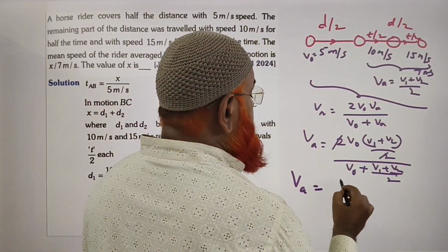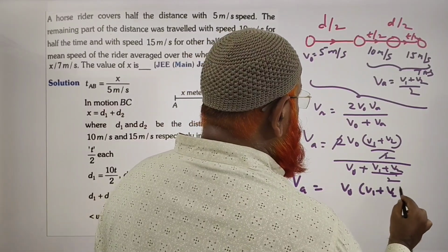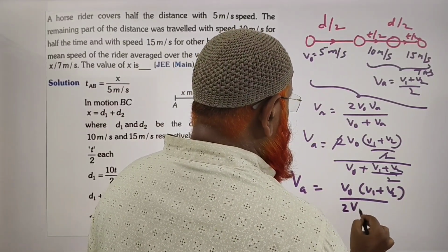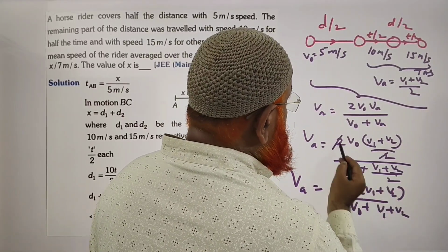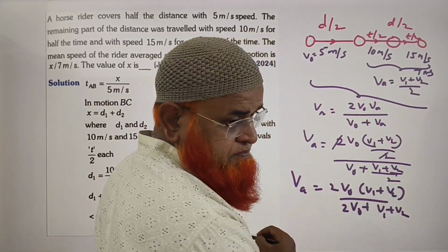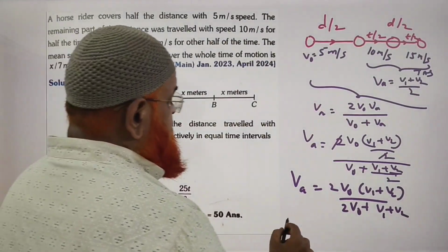So V average is equal to V0 into (V1 plus V2), and this is the LCM, meaning 2 V0 plus V1 plus V2. This 2 comes to the numerator, isn't it? If you get this formula, then it's very simple, a single step formula.